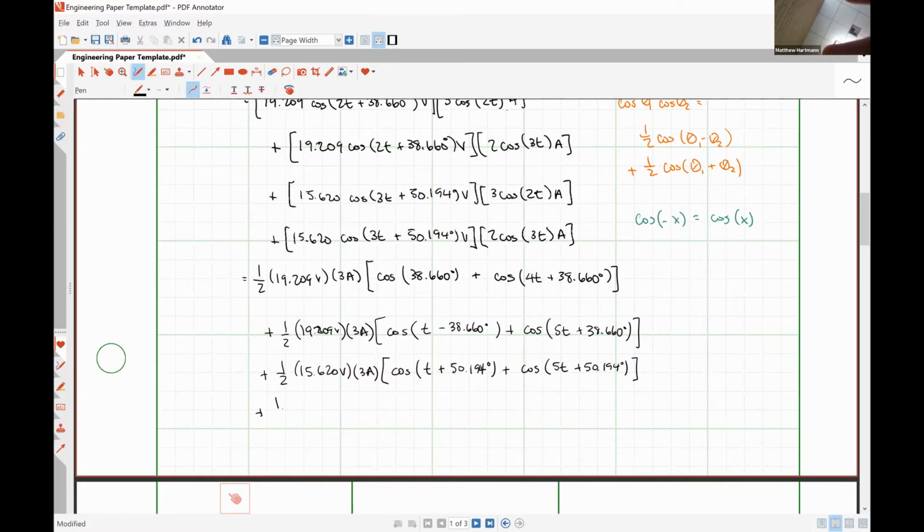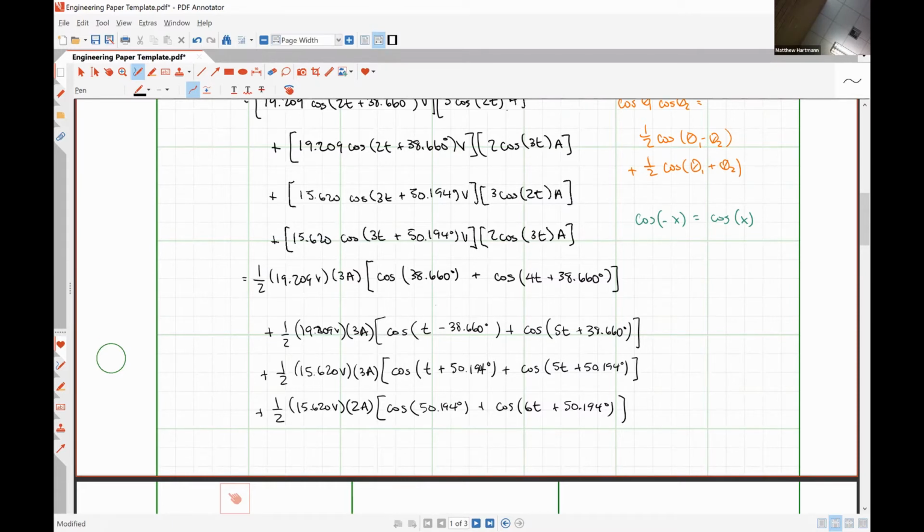And lastly, I'm going to have 2 amps, cosine. So 3t minus 3t is going to give me 0, so that's just 50.194 degrees, plus cosine of 6t plus 50.194 degrees.